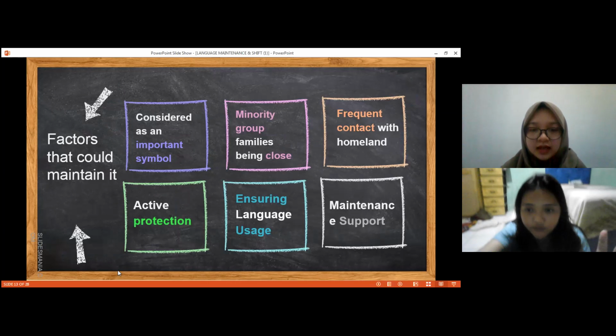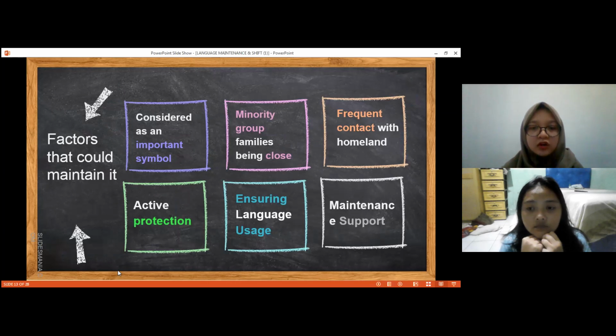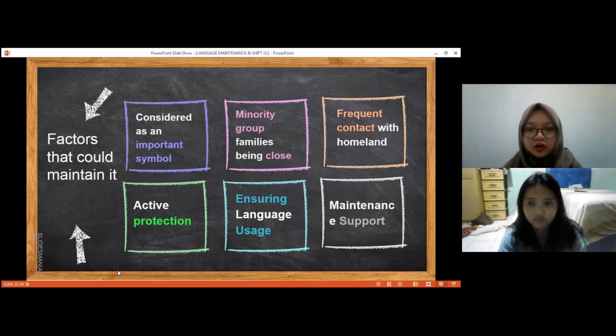Second, if families from a minority group live near each other and see each other frequently, this also helps them maintain their language. Then the degree and frequency of contact with the homeland. A regular stream of new migrants or even visitors will keep the need for using the language alive. Then, members of a minority community can take active steps to protect its language, such as discouraging intermarriage.